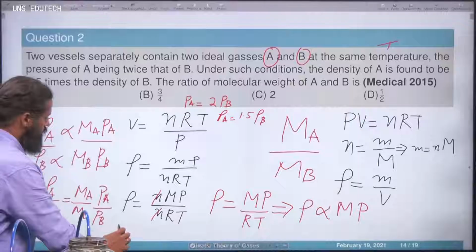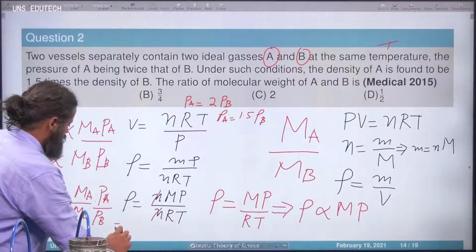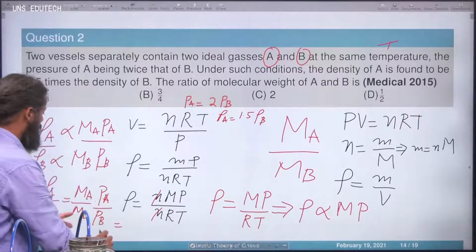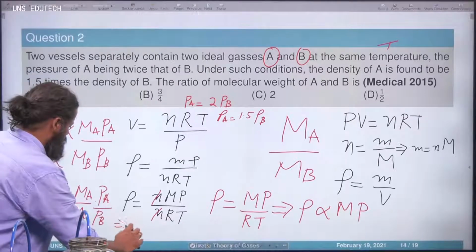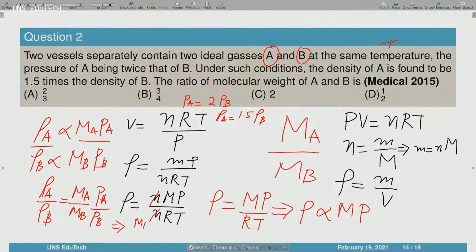Here this ratio we need, MA by MB. This implies that MA by MB will be equal to rho A by rho B into PB by PA.